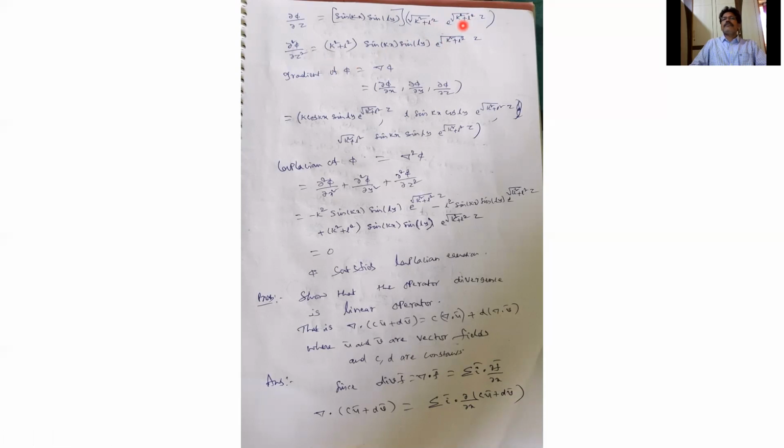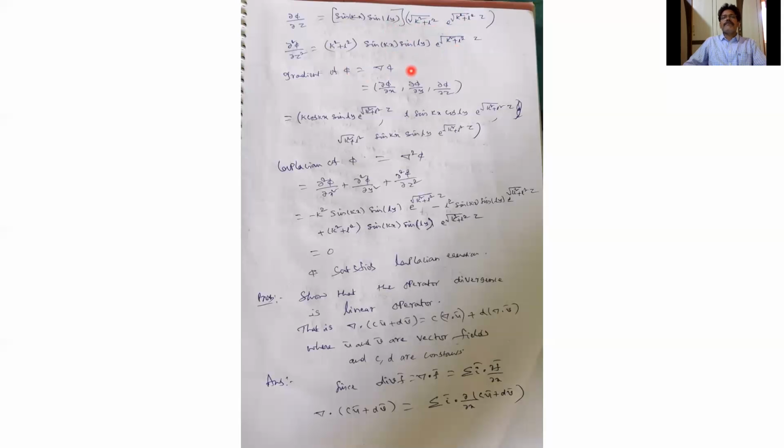So a means √(k²+L²), and we get another √(k²+L²). Doing it one time we get √(k²+L²), and doing it a second time we get another √(k²+L²). The product of √(k²+L²) and √(k²+L²) is k²+L², so we get (k²+L²) sin kx sin Ly e^(√(k²+L²) z).